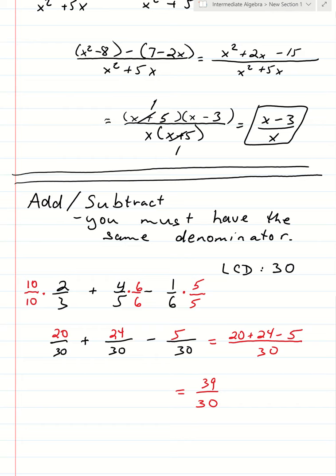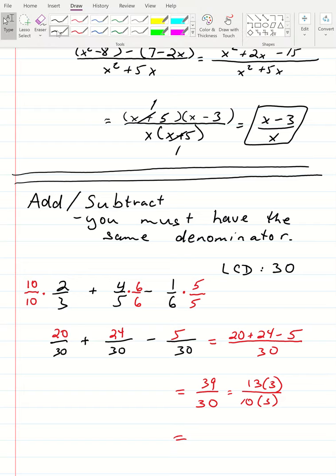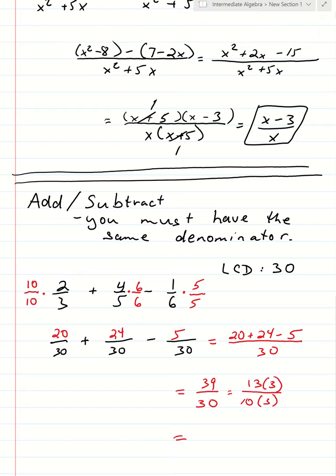But remember, can we simplify this? Well, 39 can be thought of as 13 times 3, and the number 30 can be thought of as 10 times 3. And so the fundamental principle of fractions now, we can use that to further simplify our answer, because the 3's would simplify top and bottom, giving us now the final simplified answer of 13/10.